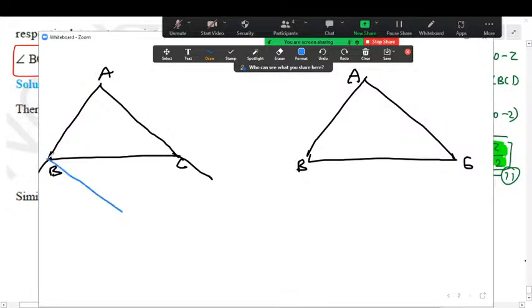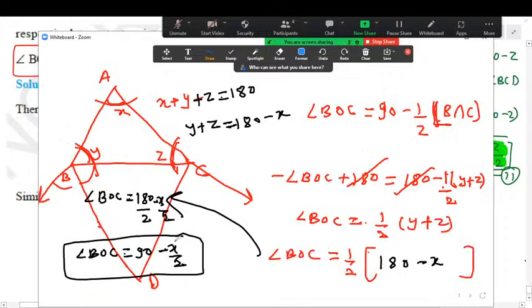Here we have bisected this and this and we got O, and we were supposed to prove that angle BOC is 90 minus half of angle BAC. And BAC is actually your x. This x can be replaced by BAC and you will prove this.